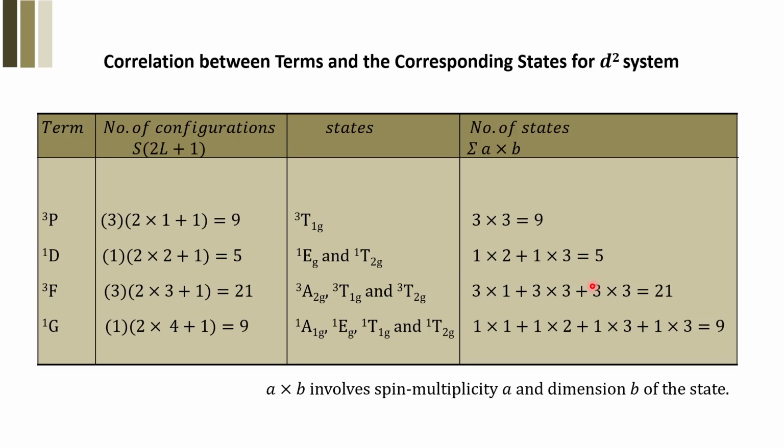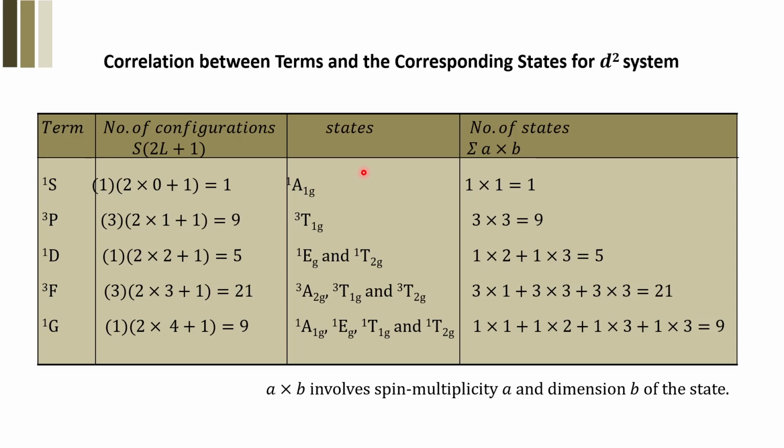We have seen that it belongs only to T1g, and because it is a triplet in the original term, it is also a triplet here. So you have 3T1g, and for 3 into 3, there are 9 microstates possible. For a spherically symmetrical species like 1S, there is only one possibility, 1A1g, and the number of states is 1.